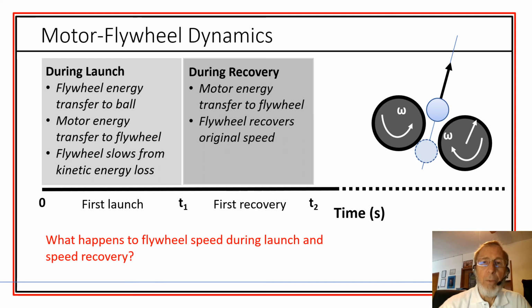Then during the recovery period, the motor energy is transferred to the flywheel, and the flywheel recovers its original speed. Now we're assuming that we're going to continue adding power until the flywheel returns to the desired speed for the launch. And then, if we're going to launch a second ball, we just repeat the same line of reasoning, because we're starting again from the same conditions where we started for the first launch.